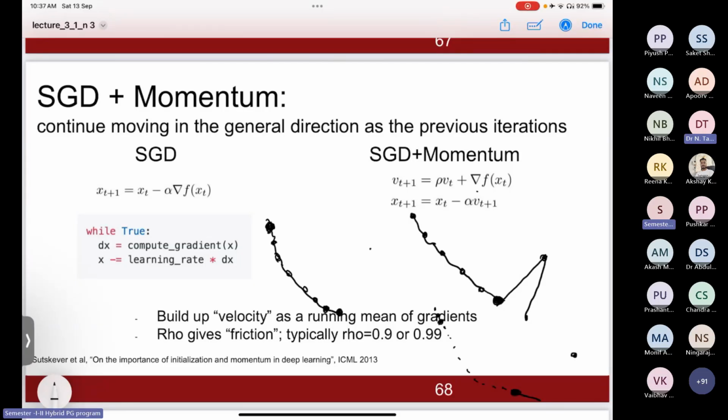But if I go with SGD plus momentum, I'm not going to rely only on the current batch. Instead, I'll also take the average gradient of the past, that is, a running average, a weighted average gradient of the past.